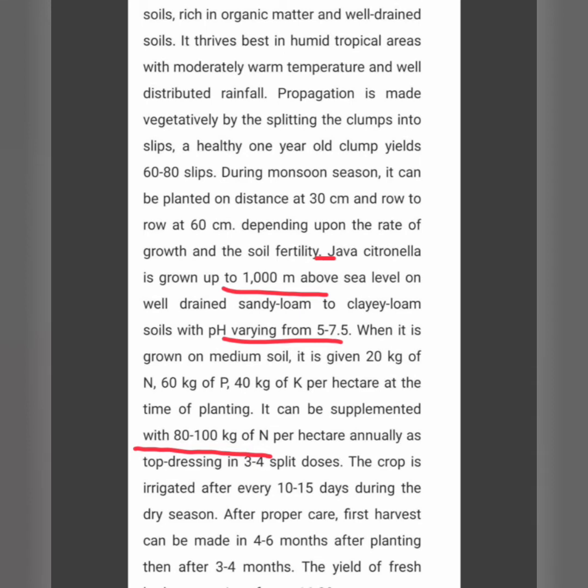And after proper care, the first harvest can be made in 4 to 6 months after planting. Then after 3 to 4 months, the yield of fresh herbage varies from 60 to 20 tons per hectare.